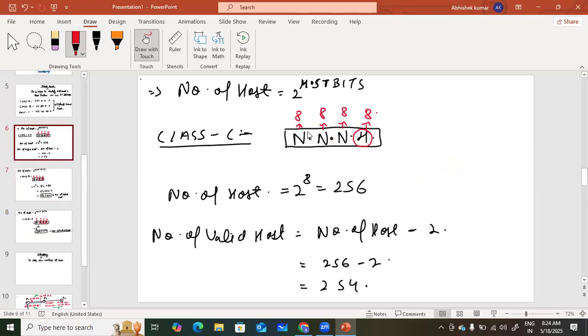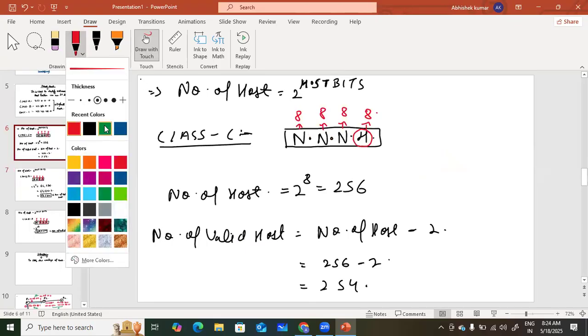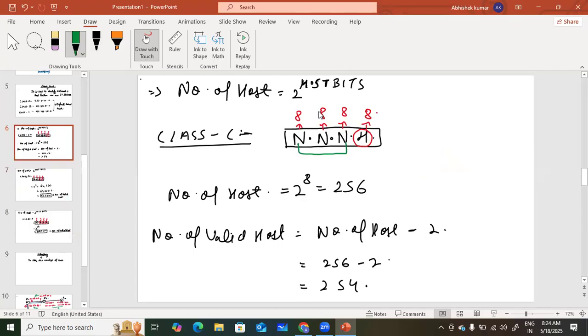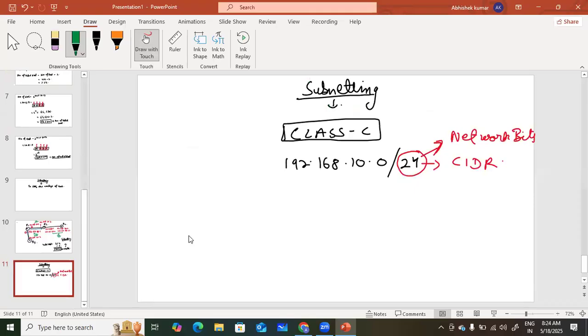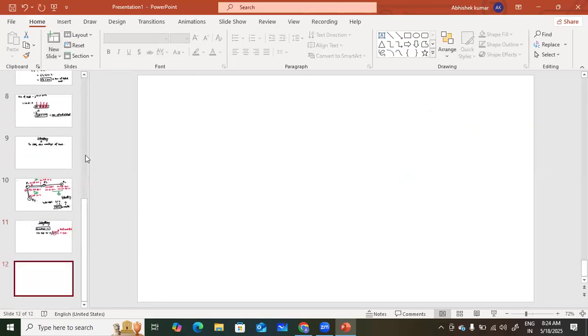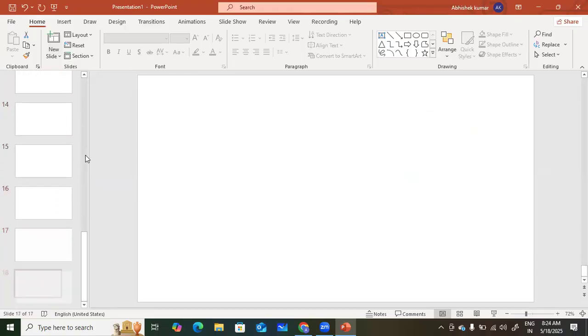This is class C, and in class C, how many octets do we have for the network portion? 3 octets, 8, 8, 8. So when you add all these 3 octets of network bits, you will get 24. That is why I have used the slash notation 24 by default. Everyone understood? Okay. Let's go further.